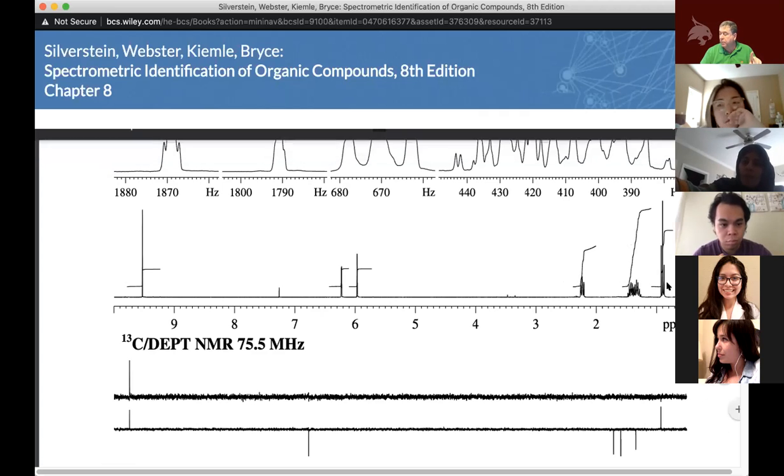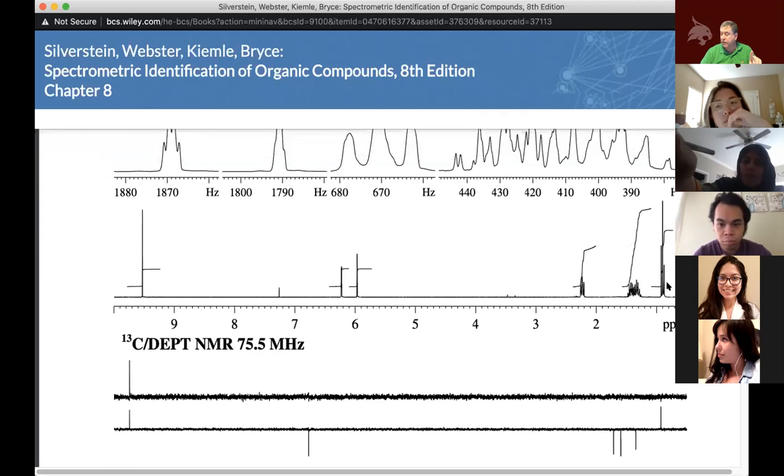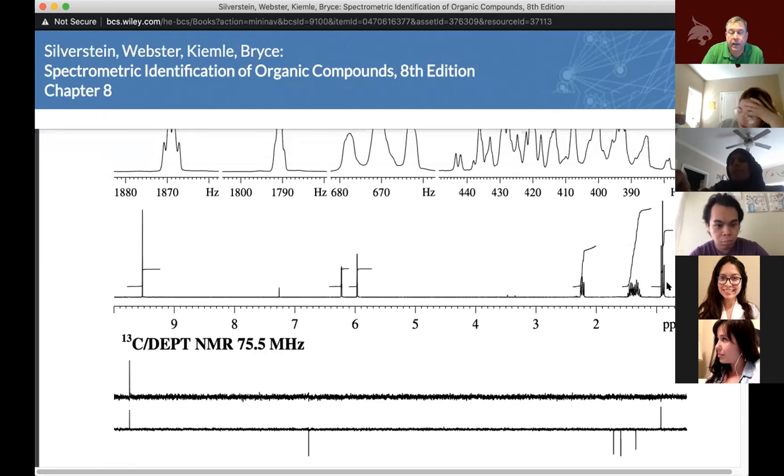And right now, our empirical formula is C7H12O. Okay, so our integration on our proton NMR agrees with our assessment. Yeah, so one hydrogen on each of the carbons on that double bond. That's exactly right. Okay, so we have a substructure of that.